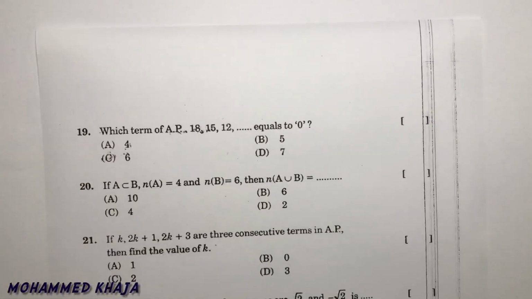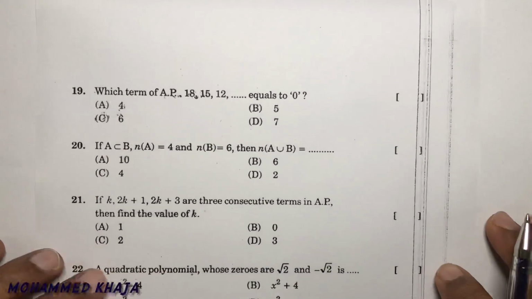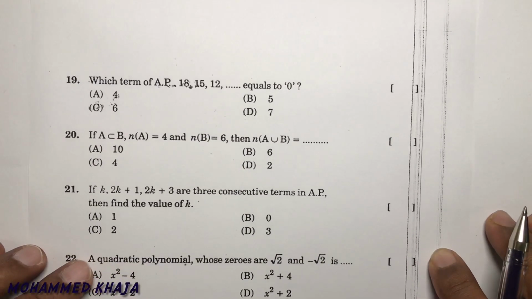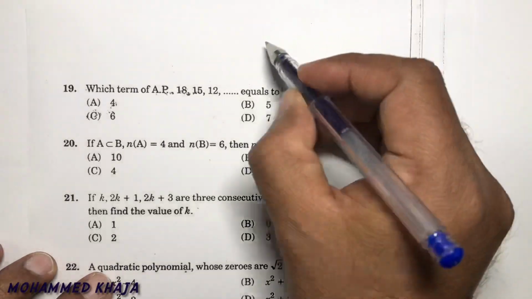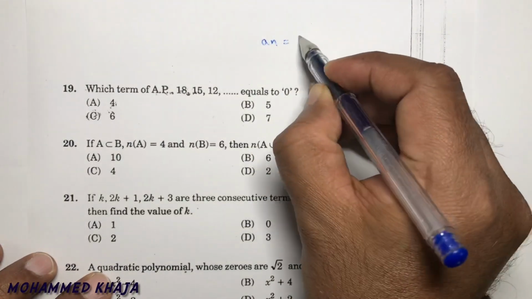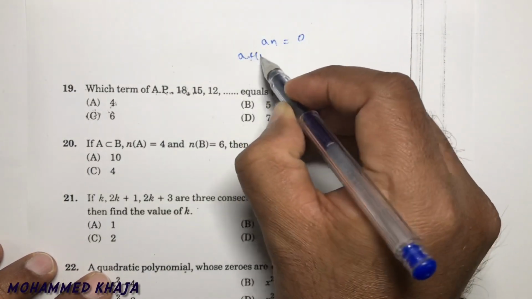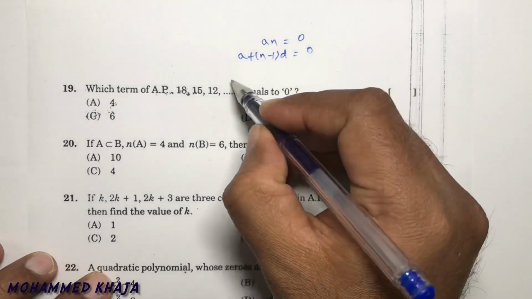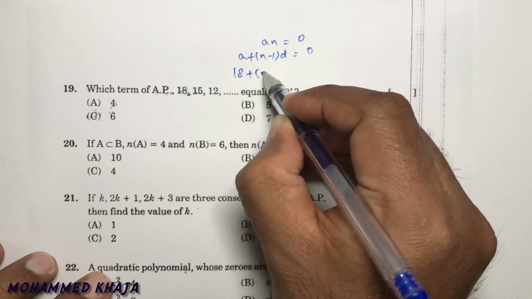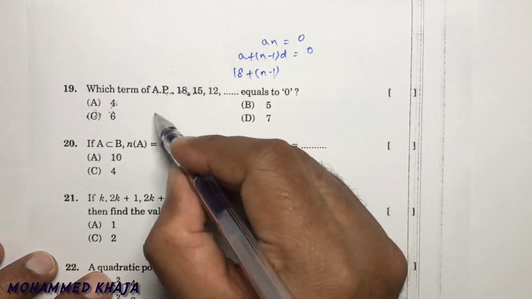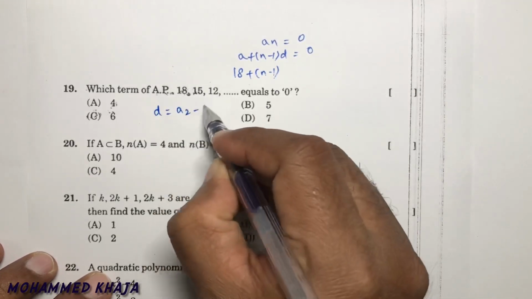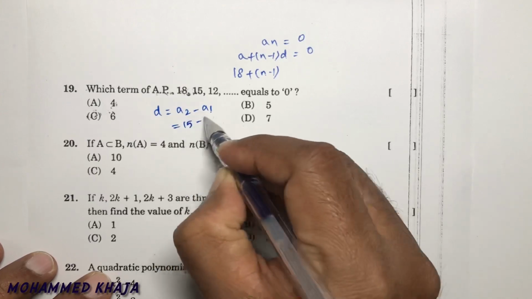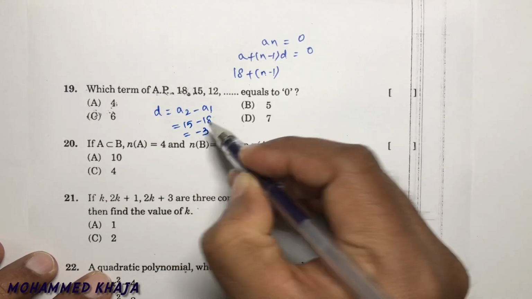In this, which term of the AP equals 0? So an equals 0. The formula is an equals a plus n minus 1 into d, which is 0. Here the first term is 18, plus n minus 1 into d. D you will find as a2 minus a1, so 15 minus 18, which is minus 3.